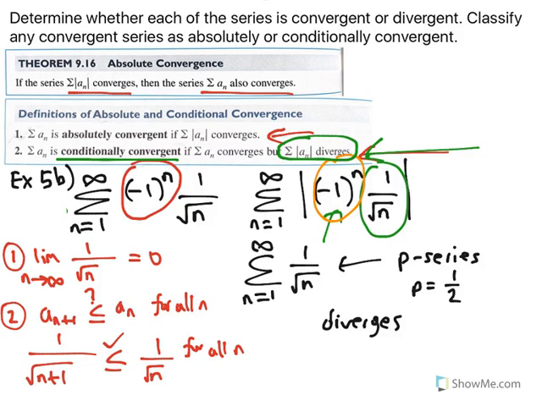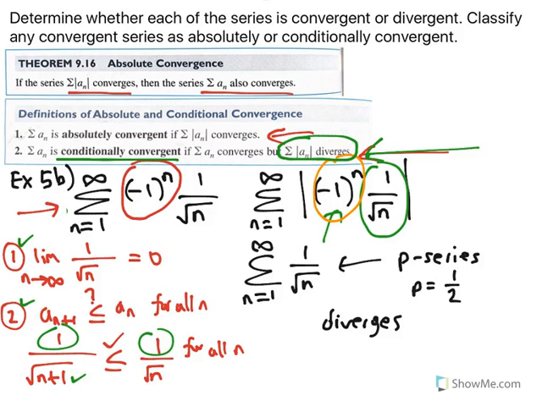So we used the alternating series test to show that the original sign series is in fact convergent. We check for the two conditions. The limit of a sub n as n goes to infinity is 0, and a sub n plus 1 is less than or equal to a sub n for all n. That's true because if you look at the numerators here, they're the same, so the fraction with the larger denominator will be smaller.